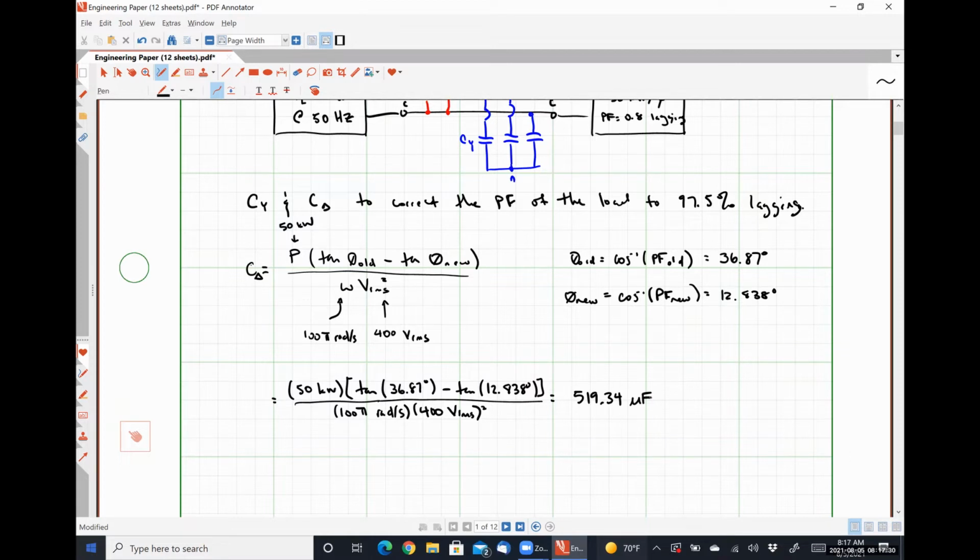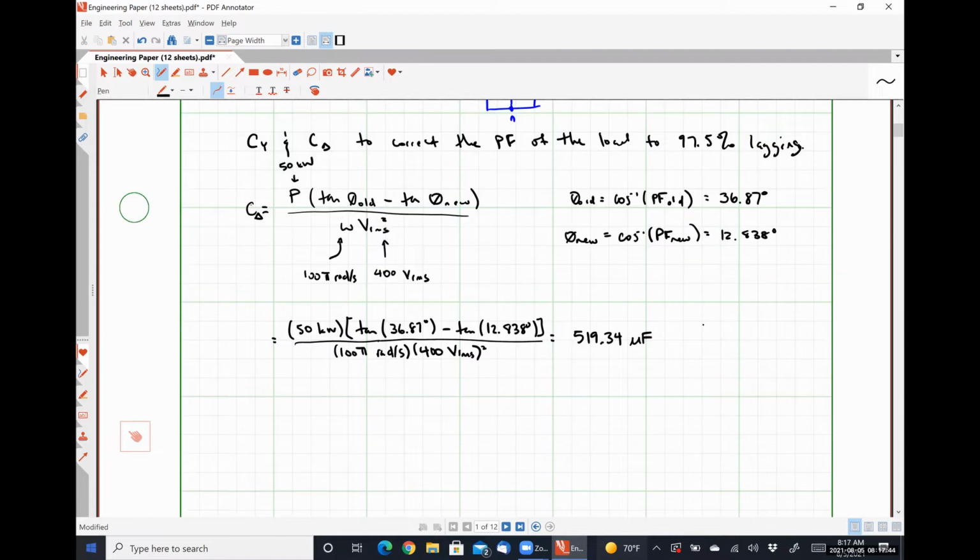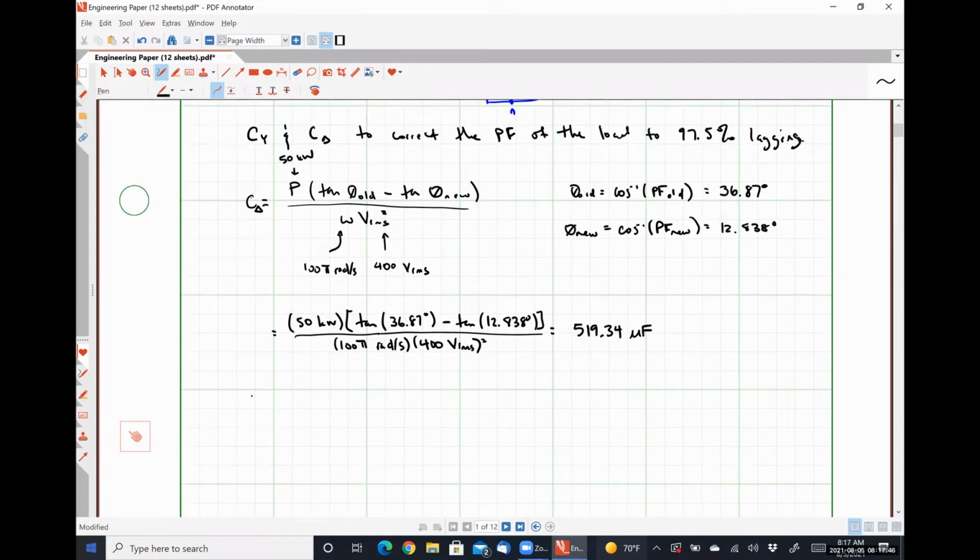So how do we go about calculating CY? What's the only quantity that's different? Exactly right, the voltage. What is the voltage going to be? Let's do our equation for CY here. P is going to be exactly the same.